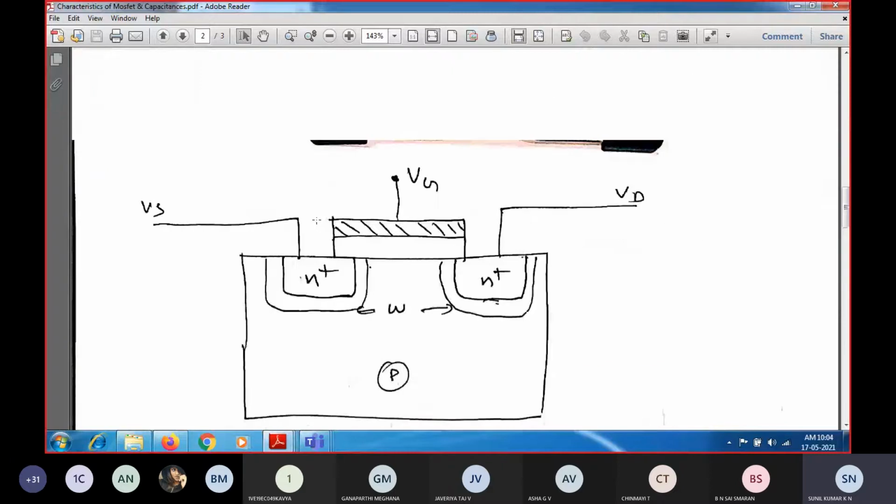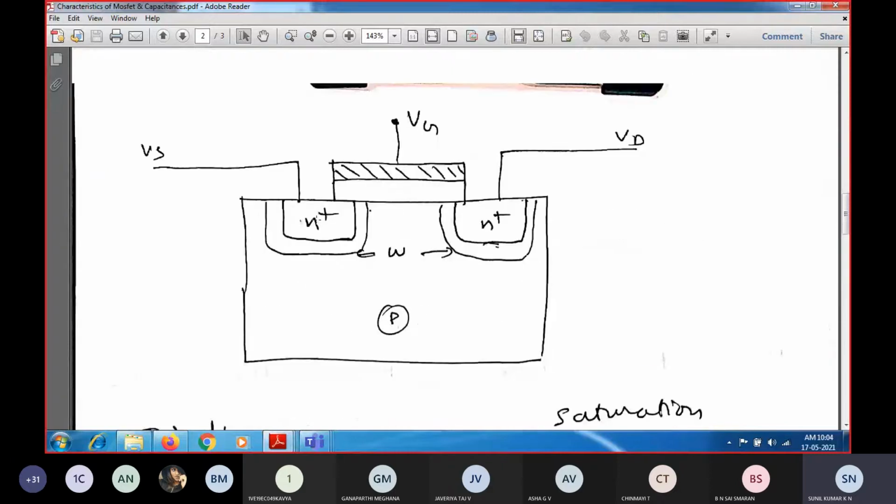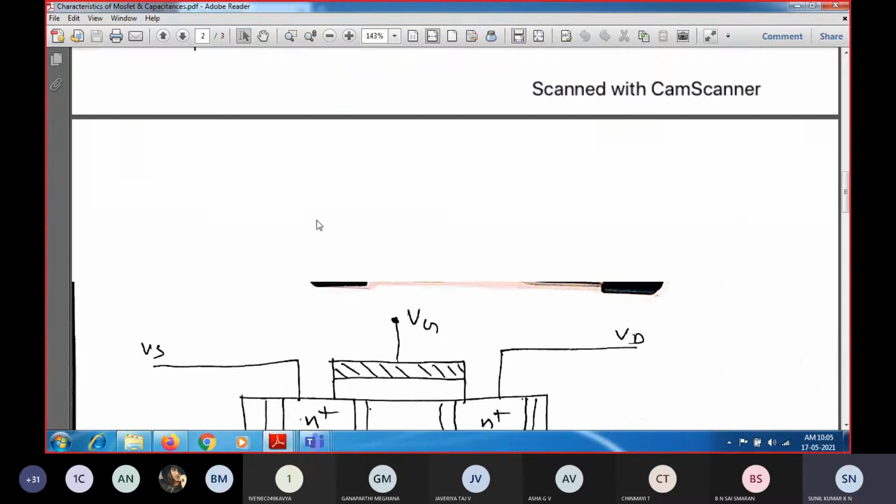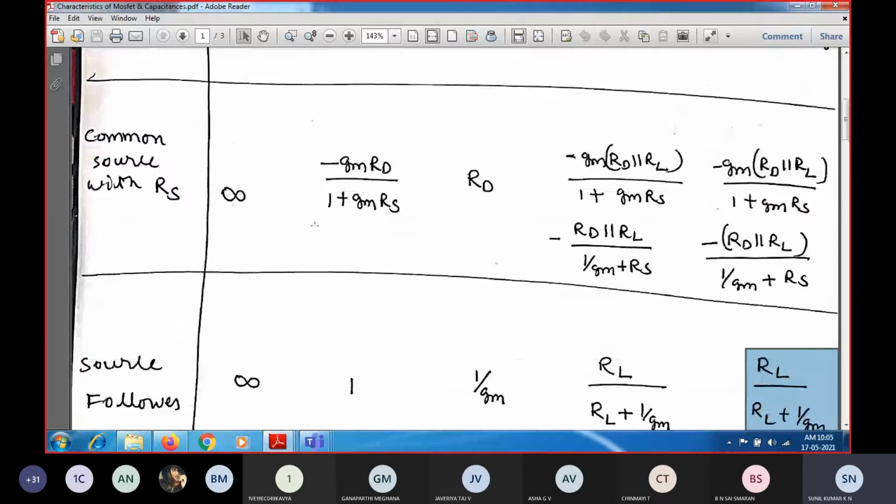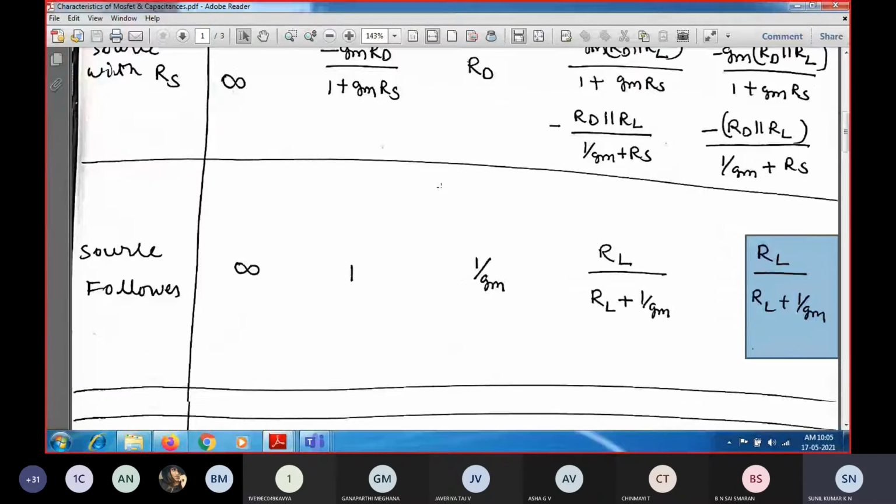Followed by that, we have seen what the different capacitive effects are that the MOSFET is going to have, that is, the internal MOSFET capacitance. Whatever expressions we have derived for the gain calculation, input resistance, output resistance and so on, we have just considered the MOSFET to be operated in the midband frequency range. So what do you mean by midband frequency gain?